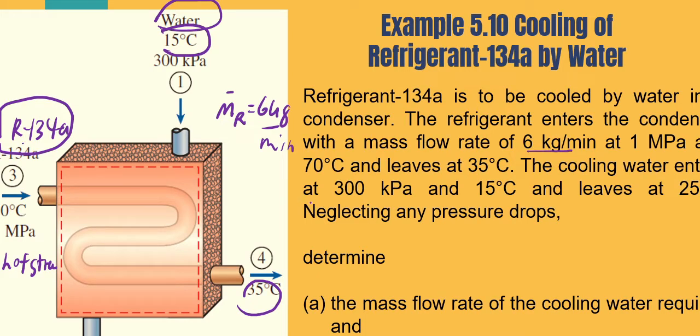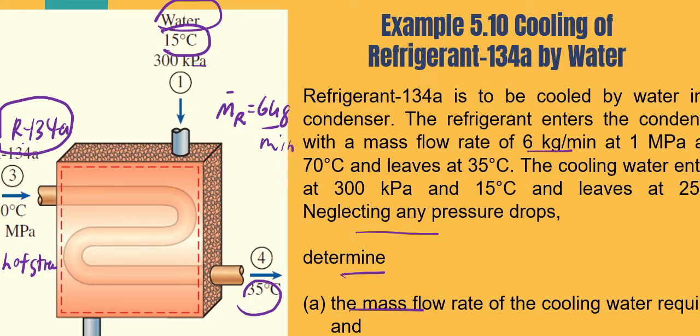Now the cooling water enters at 30 kPa and 15 and then leaves at 25, neglecting any pressure drop. Determine the mass flow rate of cooling water required and the heat transfer rate from the refrigerant.